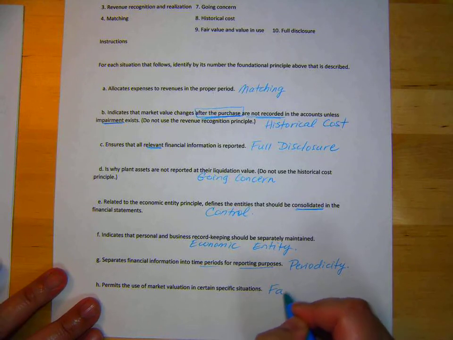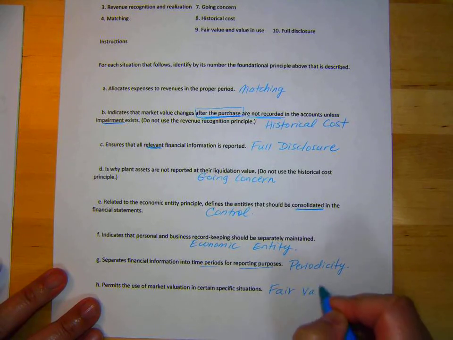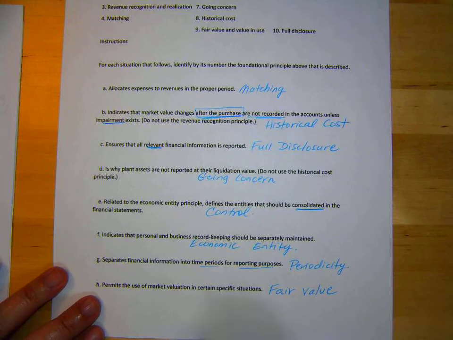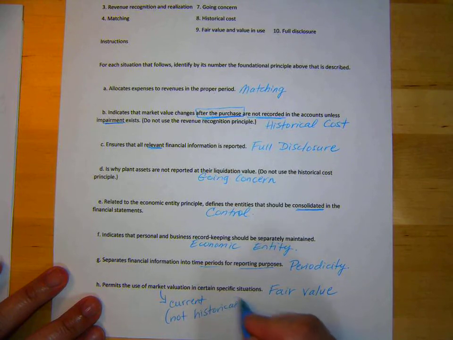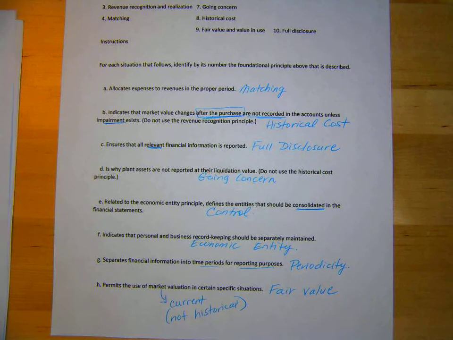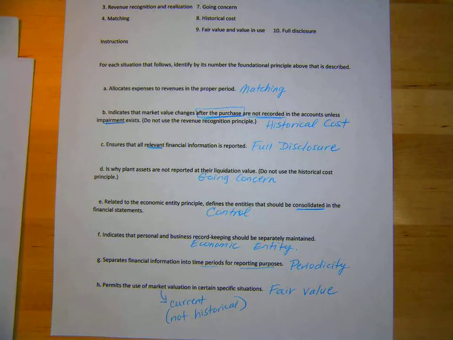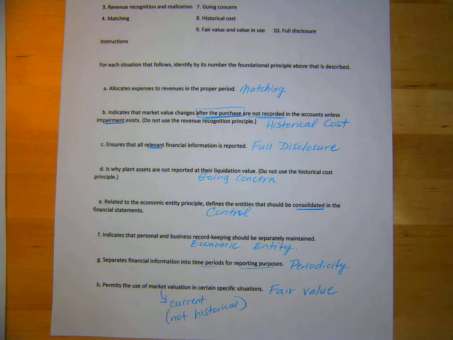That was the one that was fair value. So market valuations, that's current. So not historical, it's the opposite to historical cost. Hope that's making sense, and hopefully you're getting most of these right.